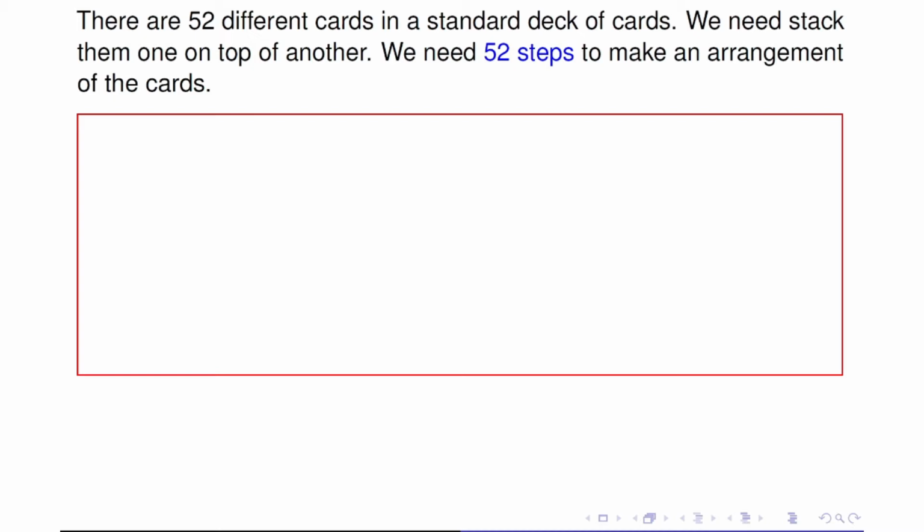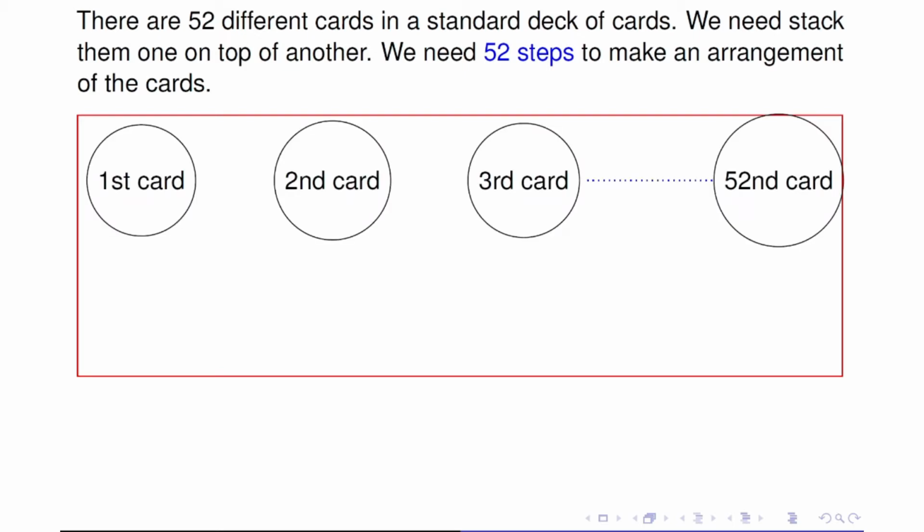In order to get a full arrangement, we need 52 steps, one step for one card: first card, second, third, and so on up to the 52nd.